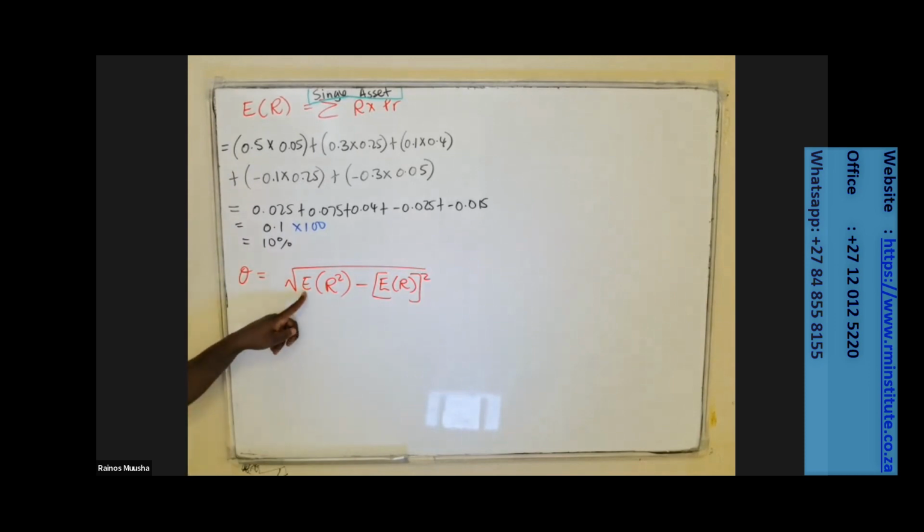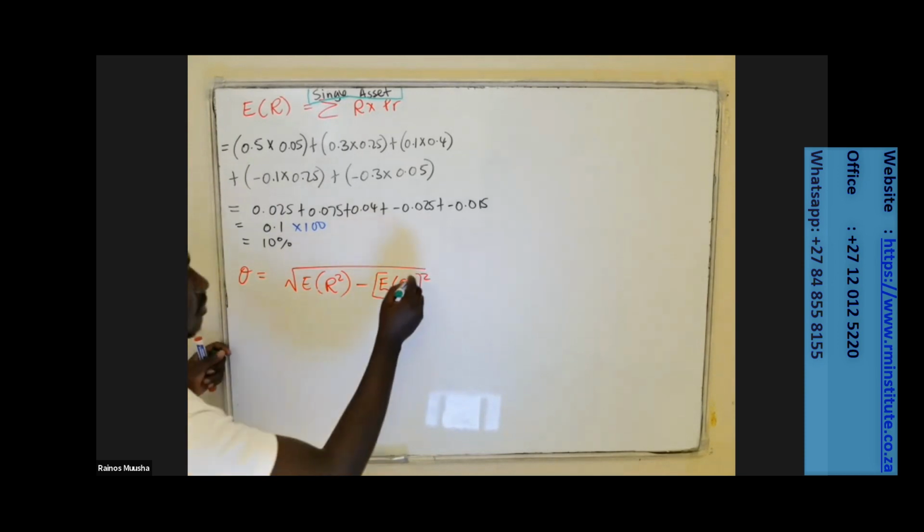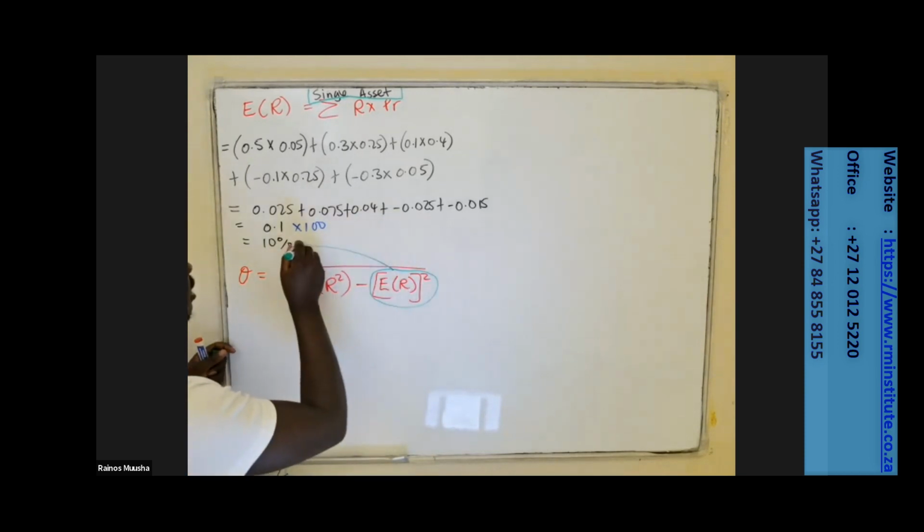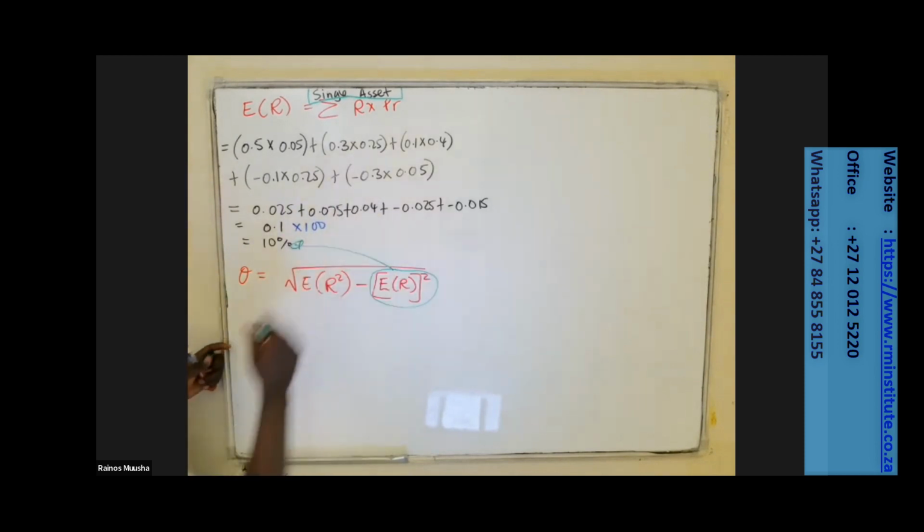This component here is basically the return that we calculated above, which we're just going to square.